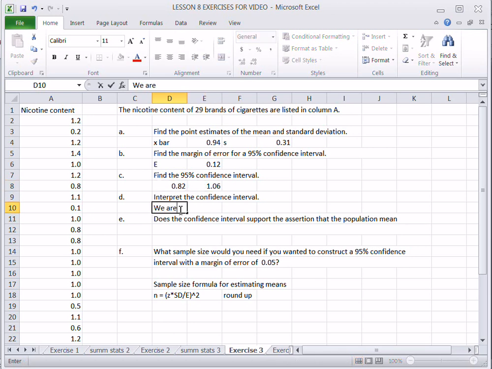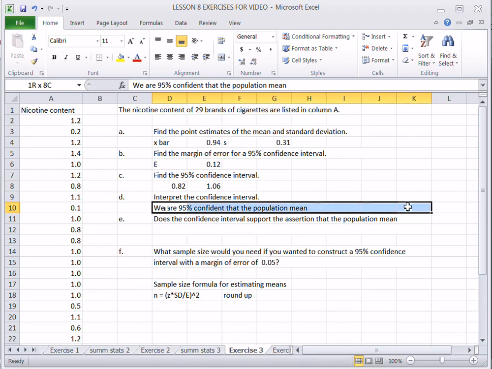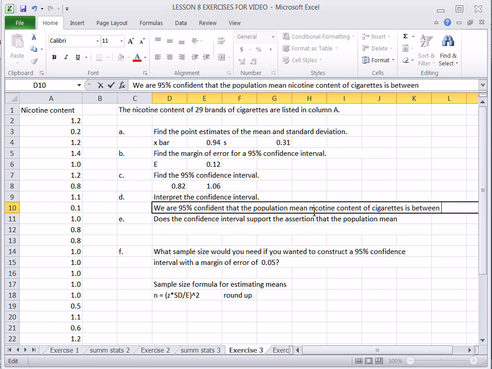Interpret it. We are 95% confident that the population mean nicotine content of cigarettes is between 0.82 and 1.06.